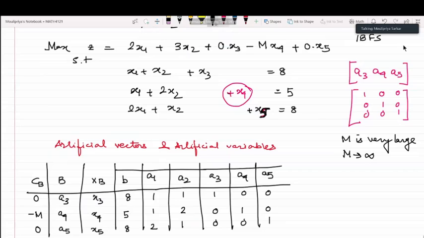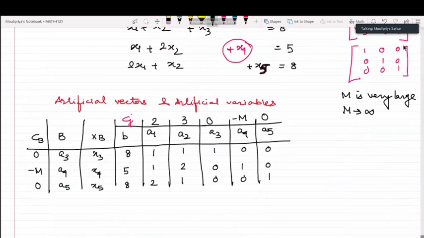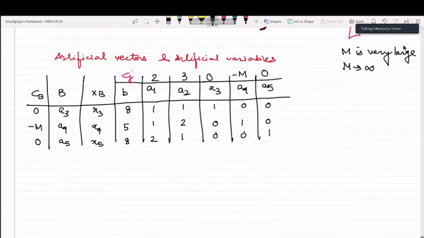Cj happens to be 2, 3, 0, minus M, 0. So as it seems, initial basic variables are x3, x4, and x5. Initial basic vectors are a3, a4, and a5.